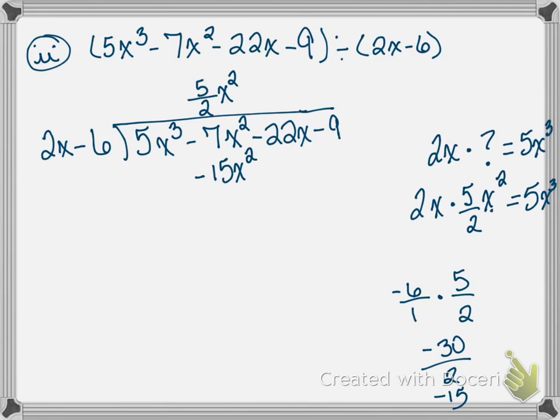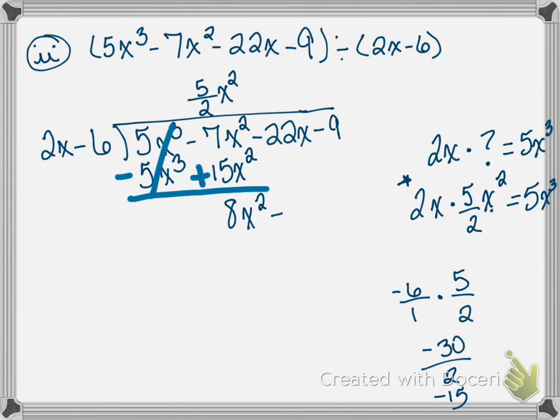Okay, then we've already talked about here how 2x times 5 over 2x squared is 5x to the third. So I have 5x to the third here. Now, if you remember, when we're doing long division, we change the signs. We're subtracting. And that's what we want. We want that to be eliminated. Negative 7x squared and 15x squared gives me 8x squared.